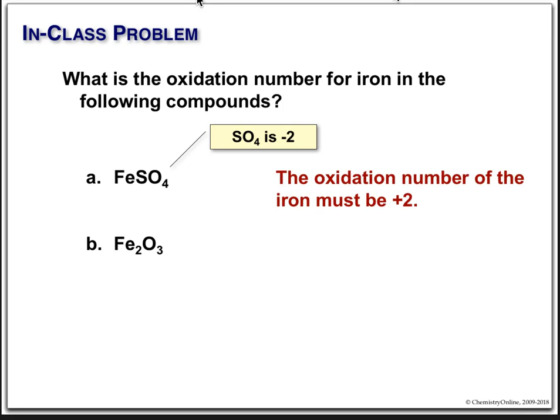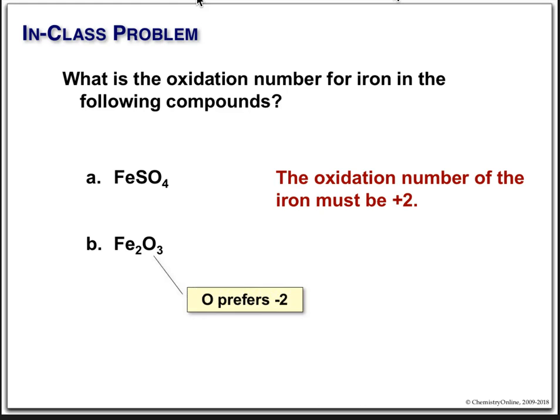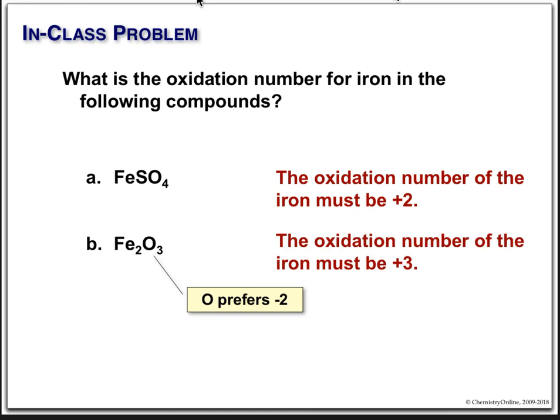The next one here. Oxygen is going to be -2. There are 3 of them, so that's 6 negatives, right? To make it neutral, we need 6 positives. We have 2 ions. They must be 3 each.